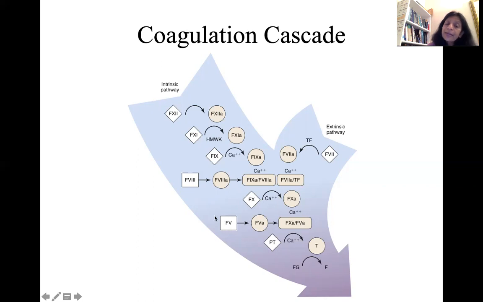A cofactor is shown in a square, going from inactive state to its active state. Factor 5a forms a complex with factor 10a, and then together with some calcium, they would target the inactive enzyme prothrombin and now catalyze it to thrombin.